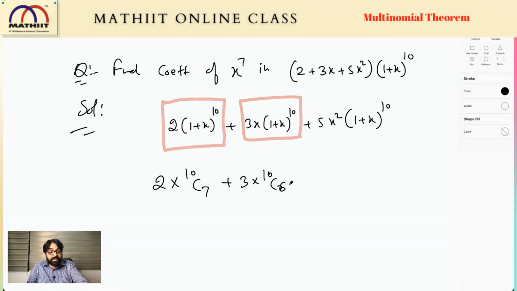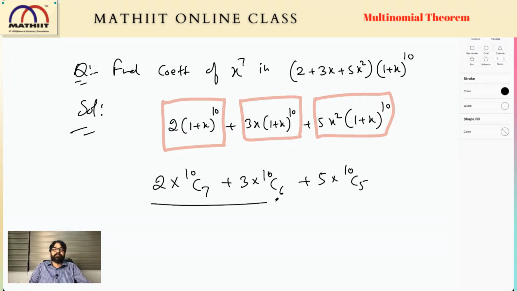Some people are thinking, sir, where did this x go? Arey bhaiya, this x is multiplied, no? Then only you got this one. Now, this term, is it possible that this can give you x power 7? Very much possible. Plus, this will have to give you 5, so that will be 5 into 10C5.